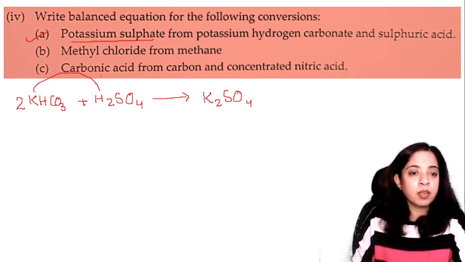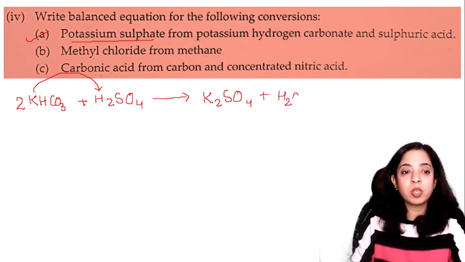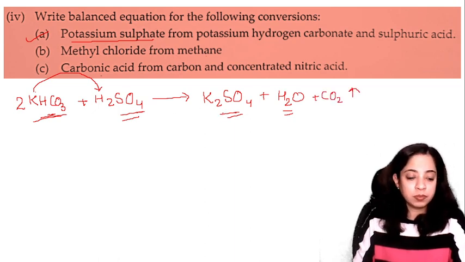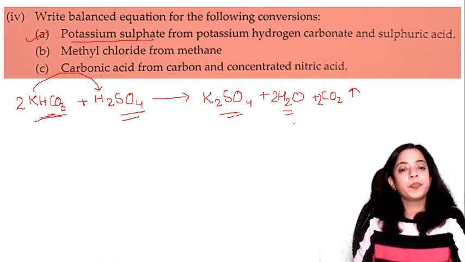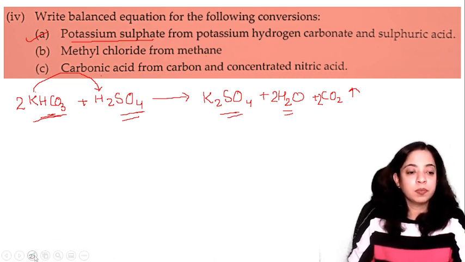So 2K will replace 2 hydrogen, it will form K2SO4. Water and CO2 will be formed because it is a carbonate reacting with an acid. So salt, water and CO2 will be formed, and now you have to balance it, right? So water will be 2 and CO2 will also be 2. Done? Understood, children? Very nice.